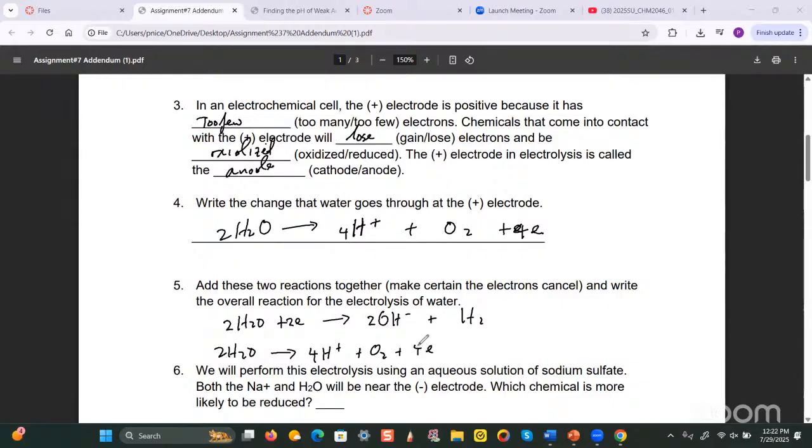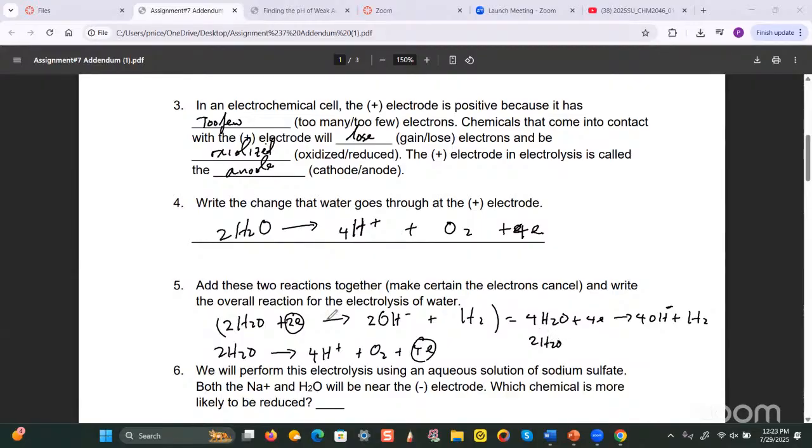So the question is asking us now to add these 2 equations together. In order for us to do that, we have to make sure that the number of electrons gained and lost are the same. So what does that mean? We have to multiply the top one by 2. So this would be equal to 4 water molecules plus 4 electrons to give 4 OH minus plus 2 H2.